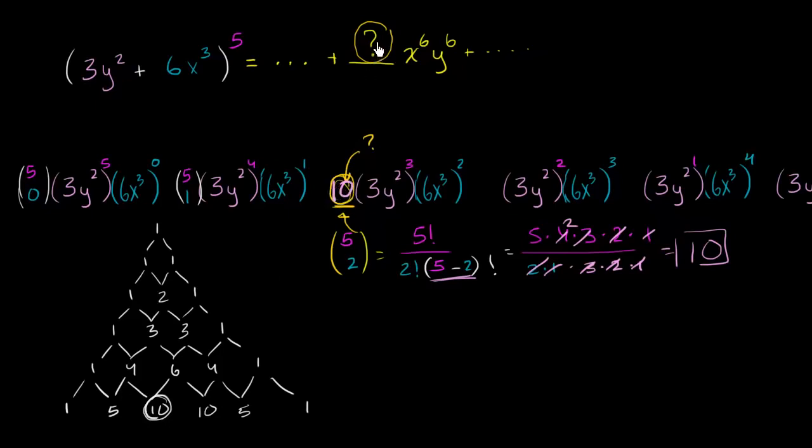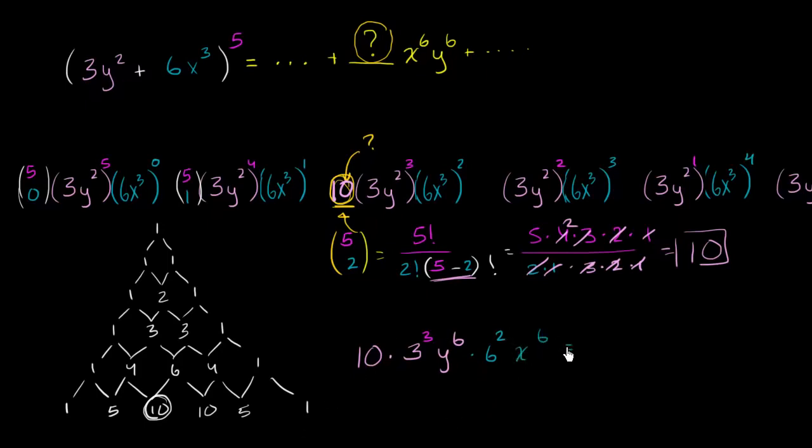But now let's try to answer our original question. What are we multiplying times x to the sixth, y to the sixth? Now we just have to rewrite this expression. It's going to be 10 times 3 to the third power, times y squared to the third power, which is y to the sixth power, times 6 squared, times x to the third squared, which is x to the 3 times 2, or x to the sixth.